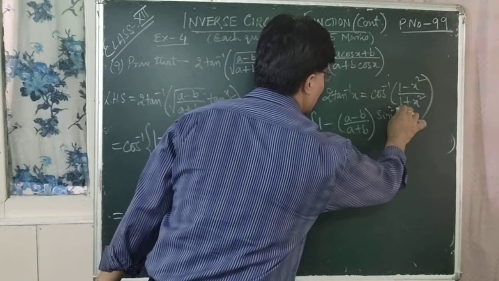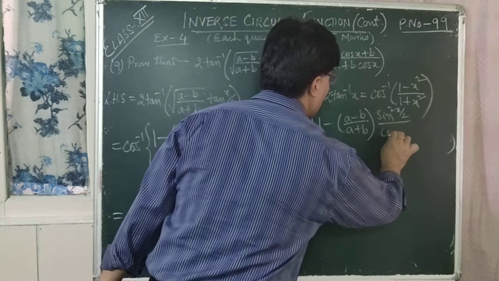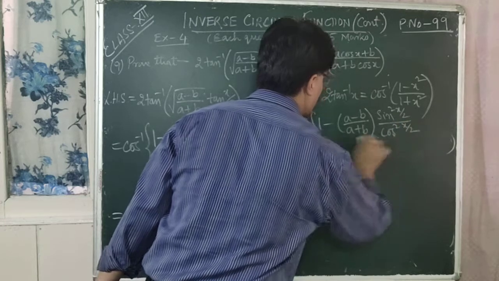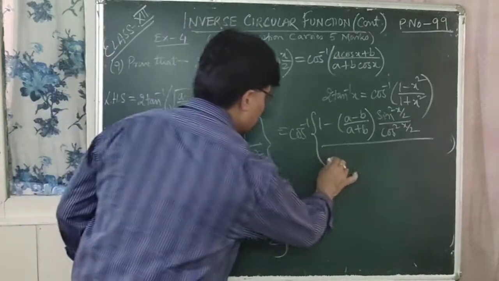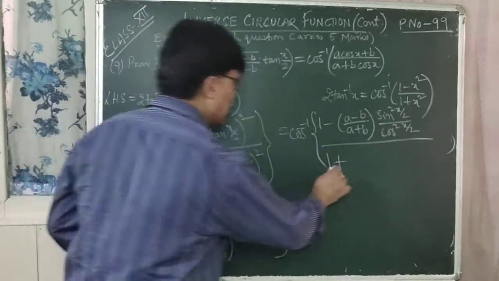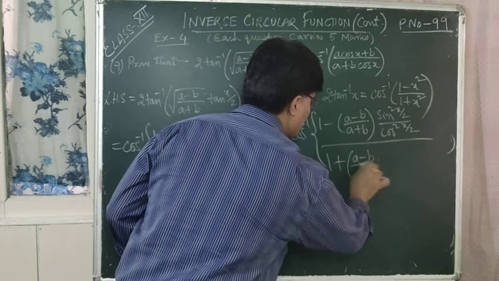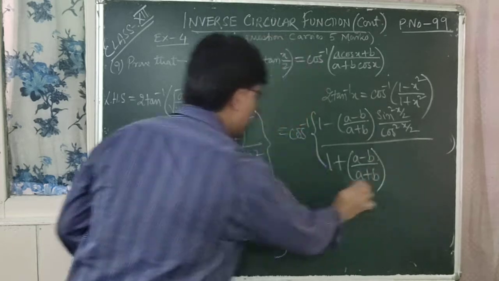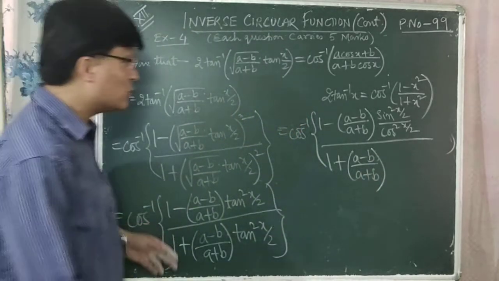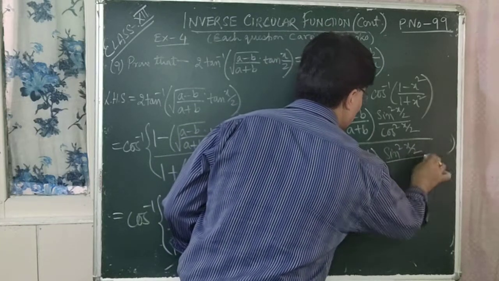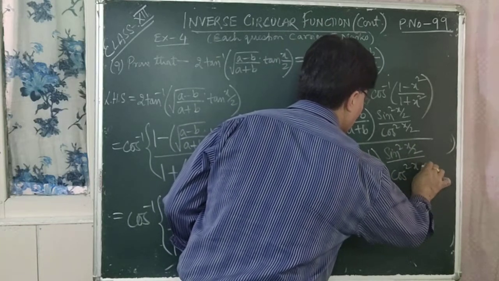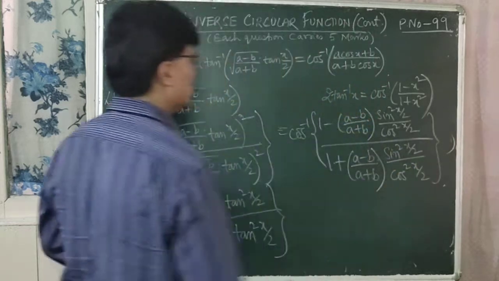It is sin square x by 2 upon cos square x by 2, right? Whole divided by what? Similarly in the denominator 1 plus (a minus b) upon (a plus b), bracket close. Again, what is tan square x by 2? It is sin square x by 2 upon cos square x by 2. Is that clear?